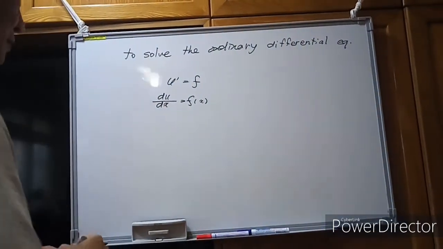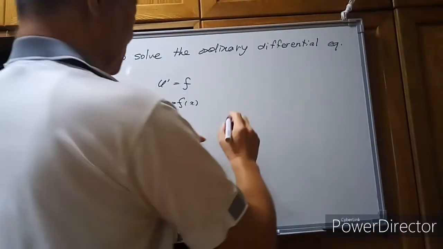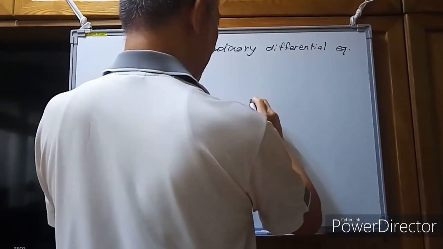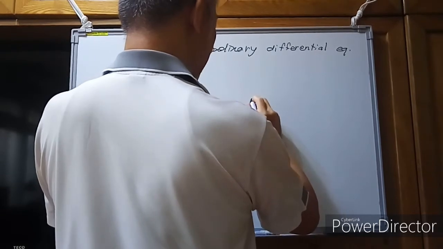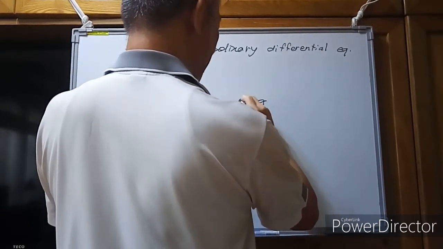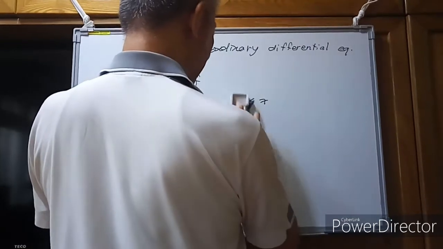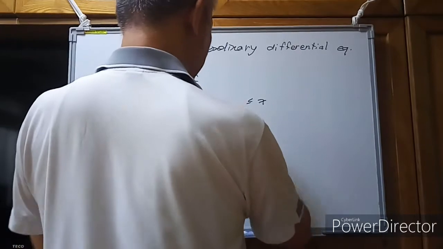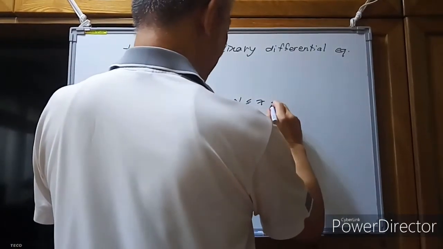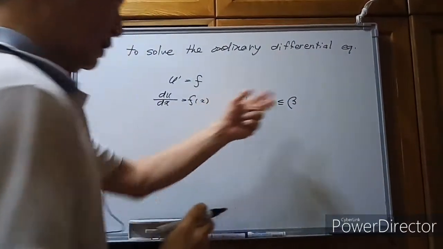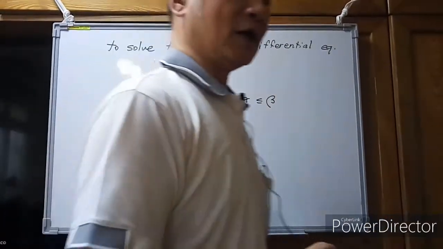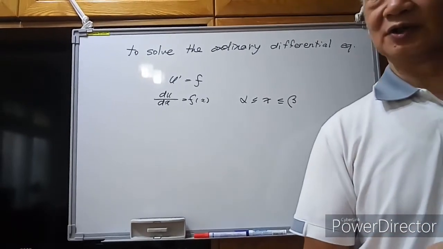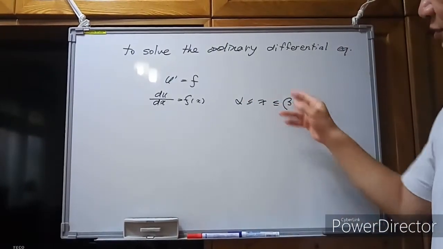Okay, let's say that's the differential equation considered. Let's consider the domain of x. Let's say it is between alpha and beta.